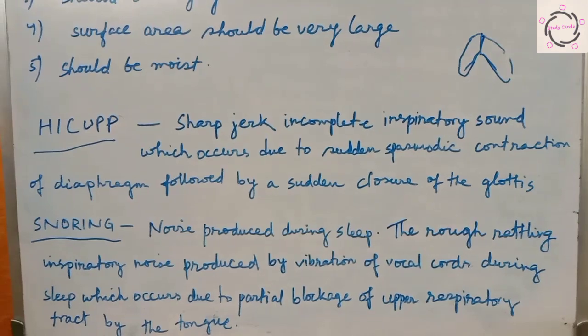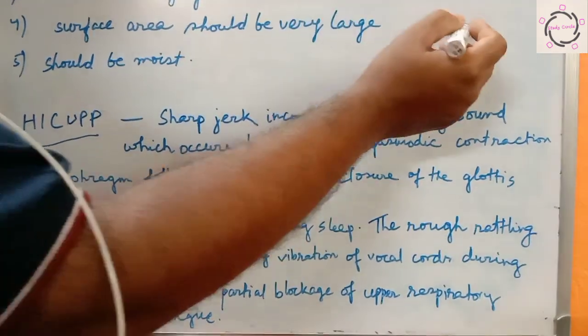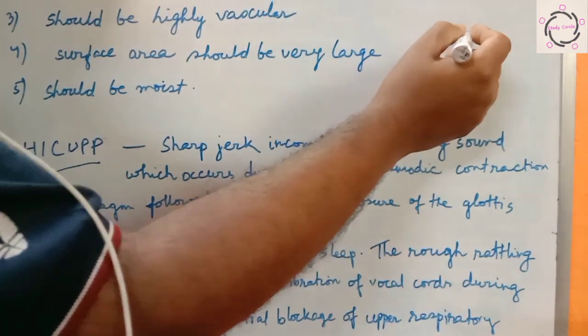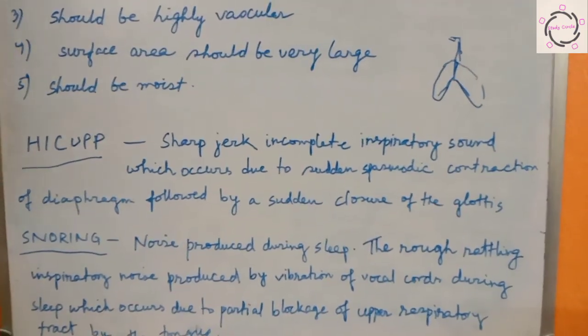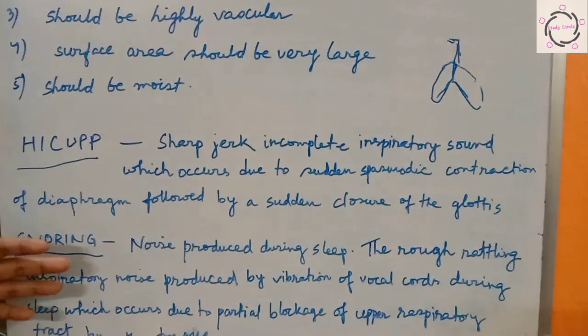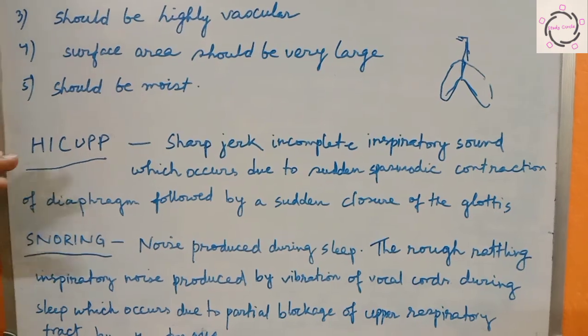Now the glottis is present on the upper respiratory tract. If you follow the diagram from here, on the upper respiratory tract is the glottis. So sudden closure of the glottis is the cause of the hiccup.